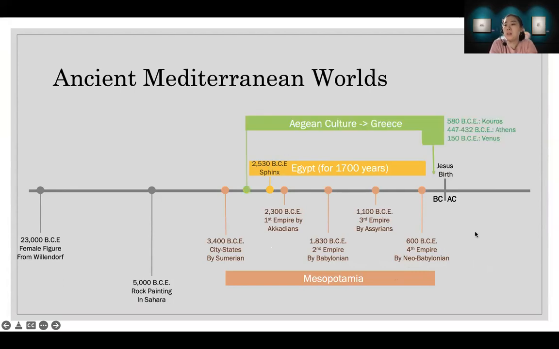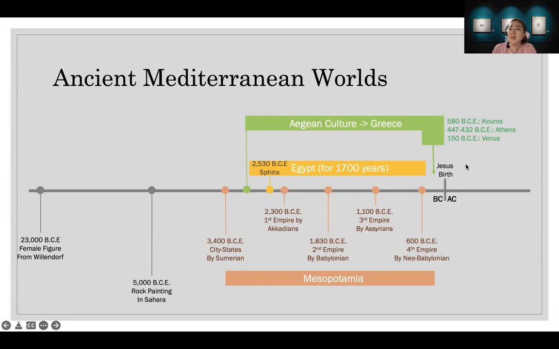So Greece comes from Aegean culture. The artistic cultures of the Aegean parallel in time those of Egypt and Mesopotamia, about 3000 BCE.